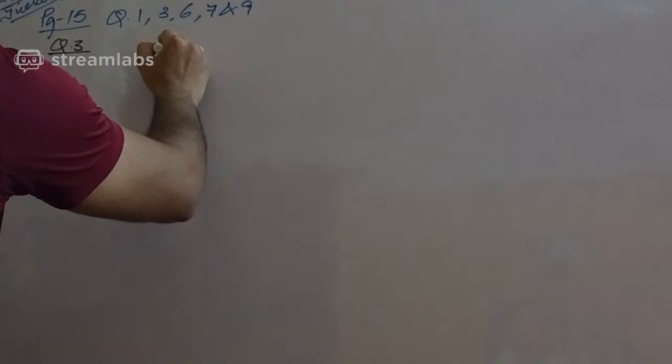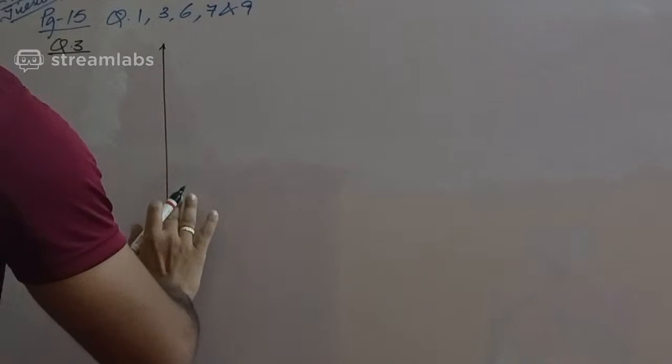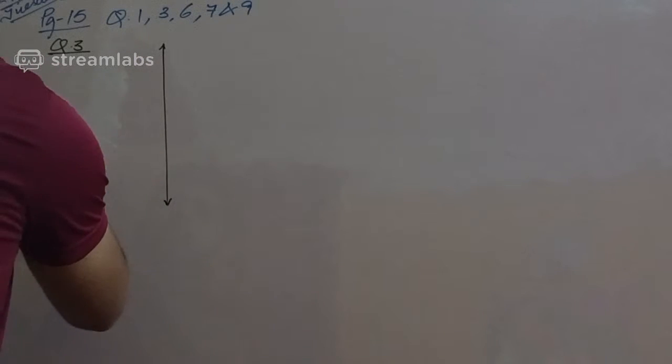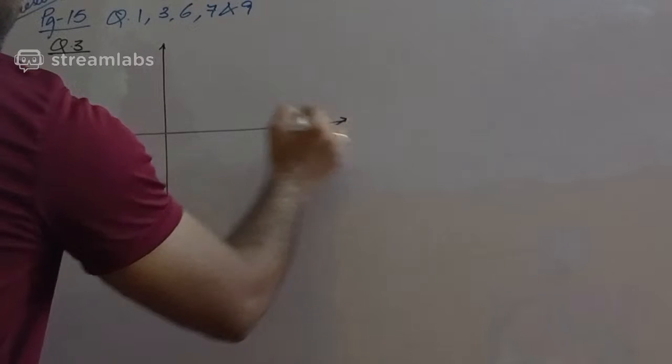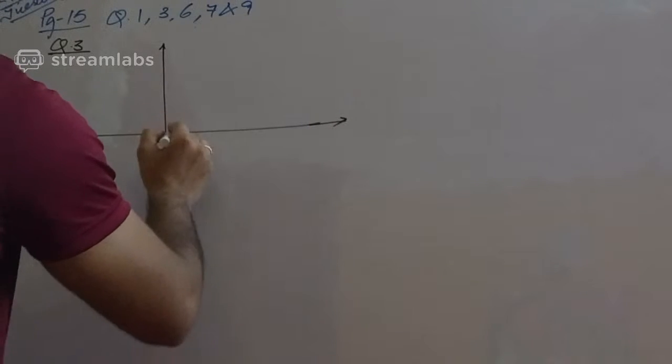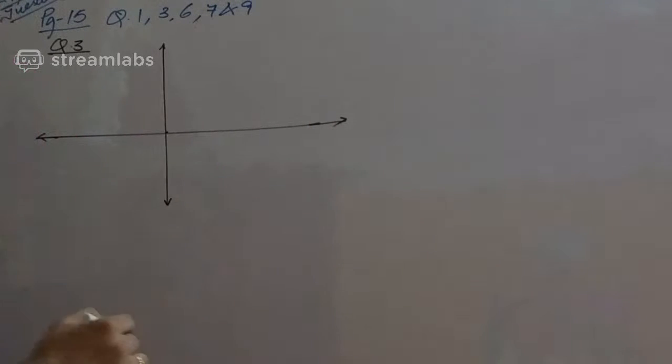So first of all, we need to make a coordinate axis, and we have to make a non-square which is not parallel to the rulings. That means it should not be very much straight.